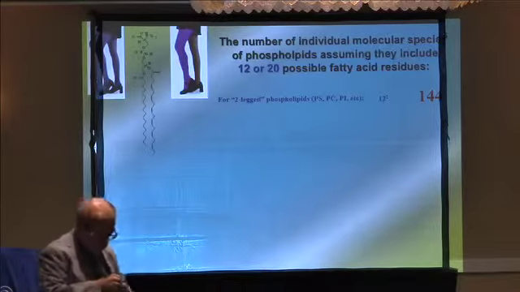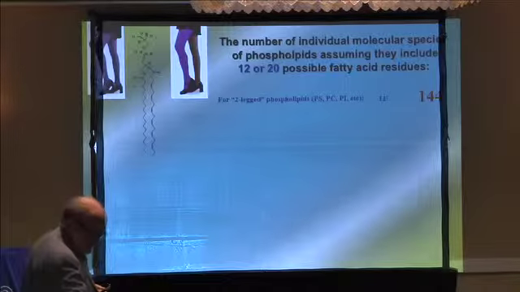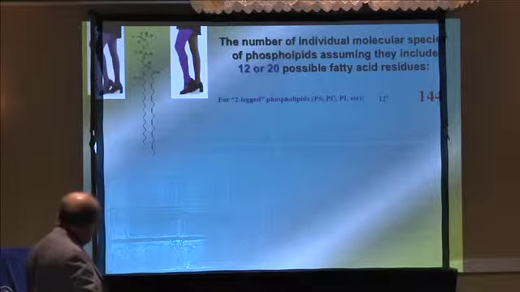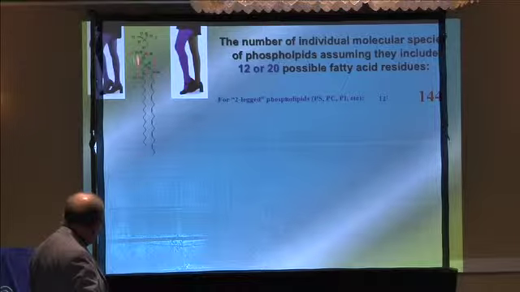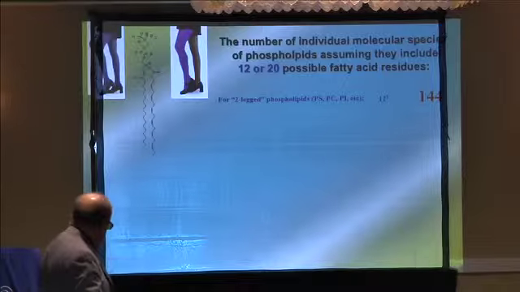How do we get to so many different molecular species of lipids? This is a typical phospholipid molecule, a two-legged phospholipid, and if both legs are different, as you can see here, the number of molecular species will be in the hundreds.